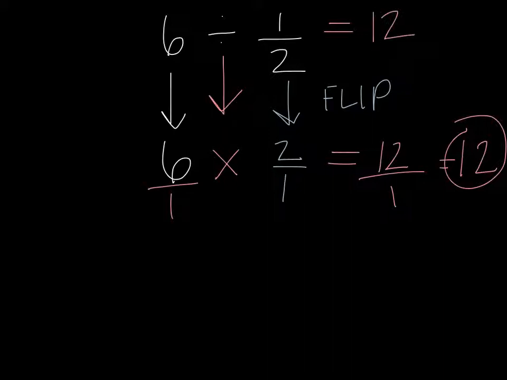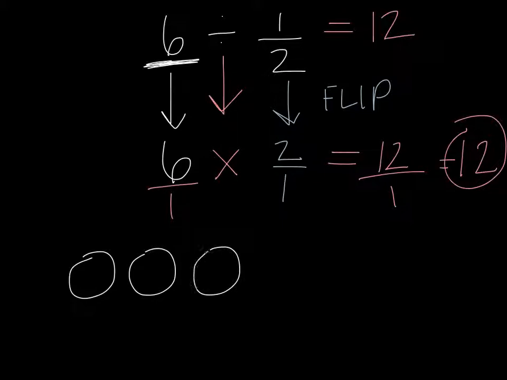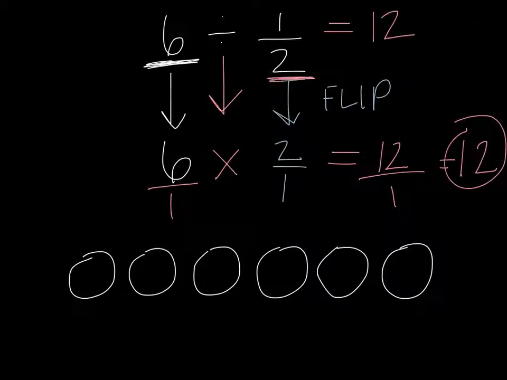Now I can show this with a model. Once again, I'm going to start by looking at my whole number. How many objects are there? Well, there are 6, so I'm going to draw 6 circles. The denominator says how many pieces I need to break each object into. So I'm going to break each of these into halves, into 2 pieces.